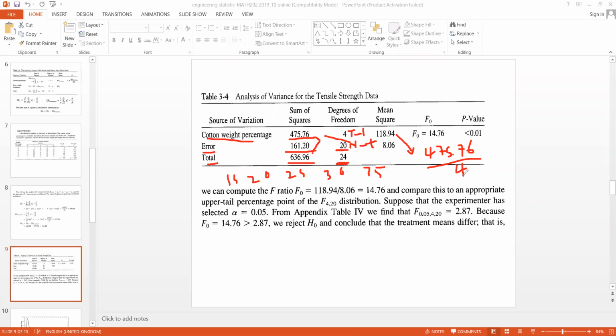Good. Then once you calculate that, which you should be doing for me now, the MSE is going to be 161.2 divided by 20. So you should do the calculation for that as well.